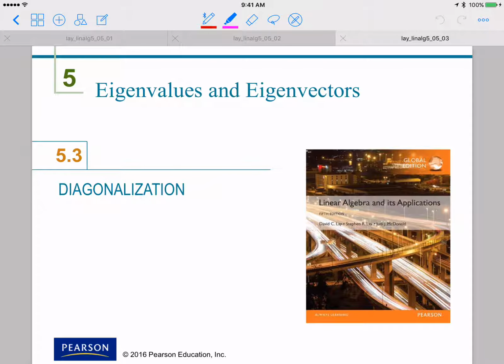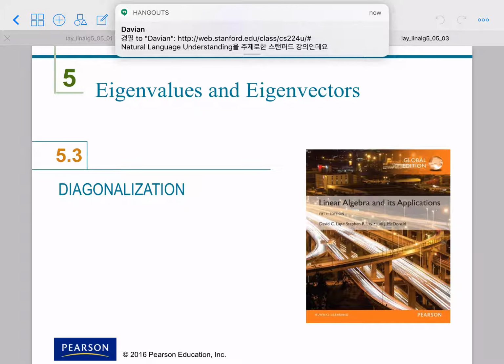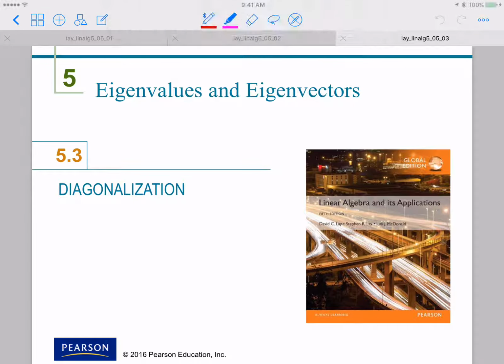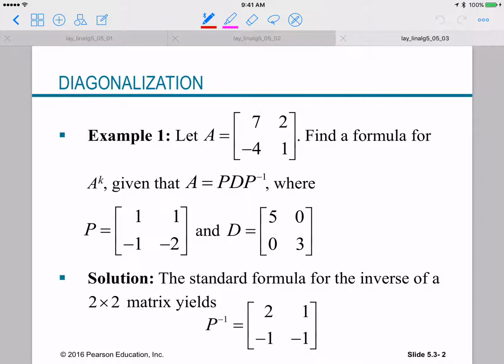Okay, and then let's move on to the third chapter, called diagonalization. So diagonalization means you are given the matrix A, okay, and then you consider this kind of form.